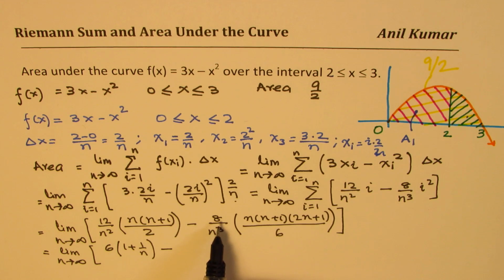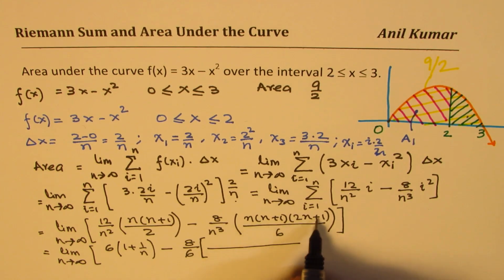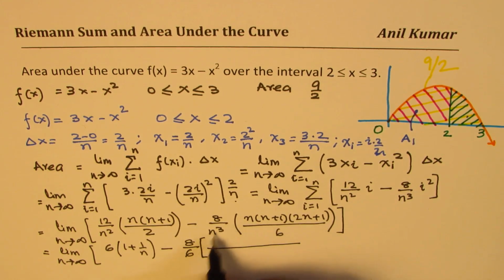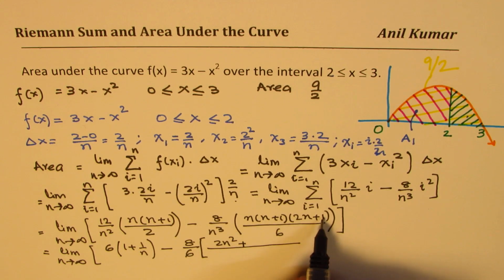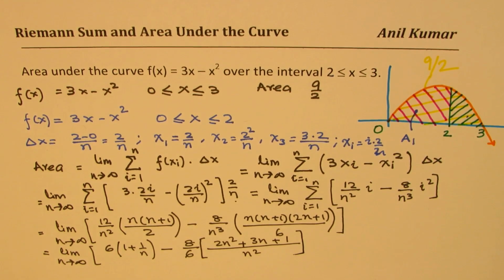Here, dividing 8 by 6, let me write 8 by 6 here. And here, one of the n's gets cancelled. So let me expand all the numerator terms, n being cancelled. Then we have 2n square plus n and 2n, which makes it 3n plus 1, divided by n square. Clear?